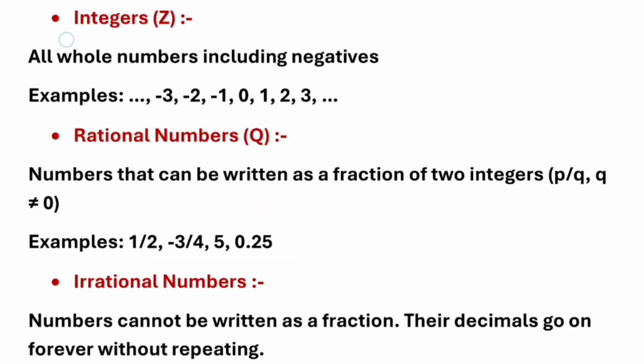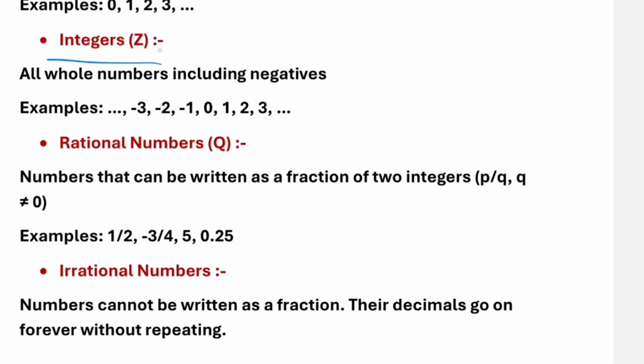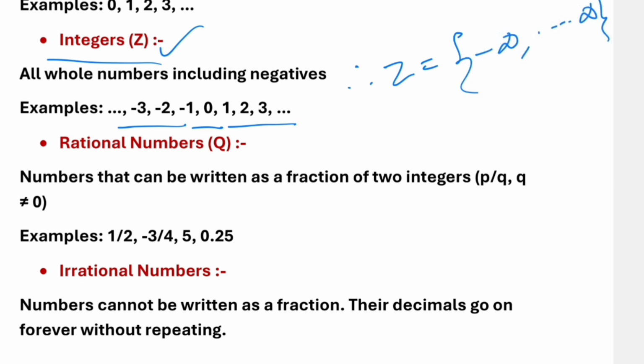And the next one is integers. These are denoted by capital Z. Integers contains all negative numbers and 0 and all positive numbers. Therefore, Z is equal to the set of minus infinity to infinity.